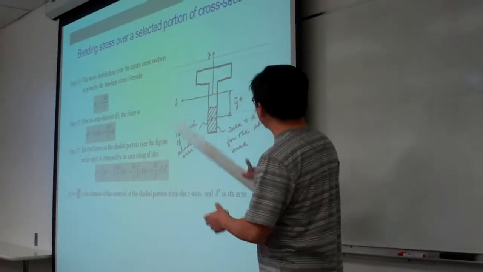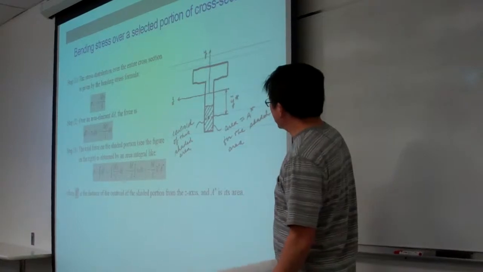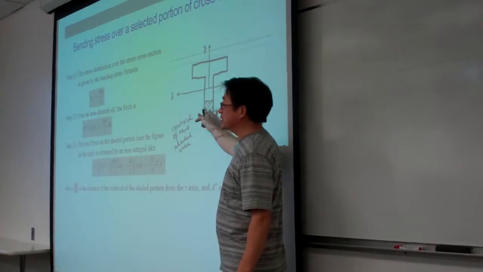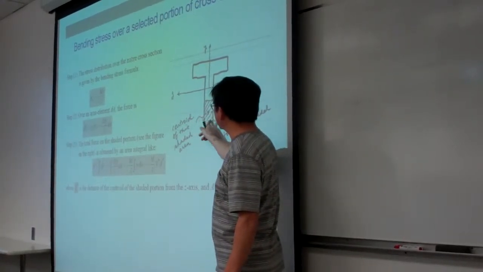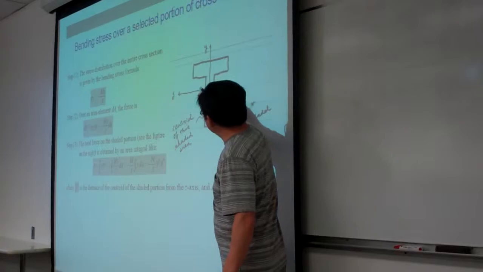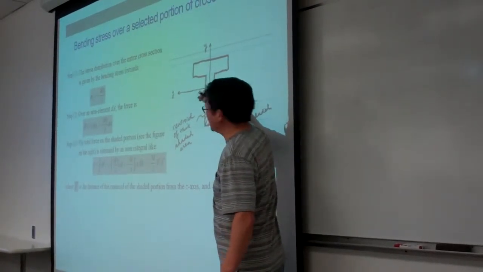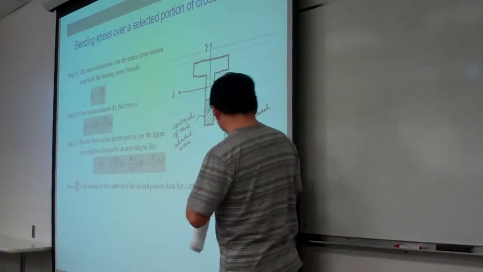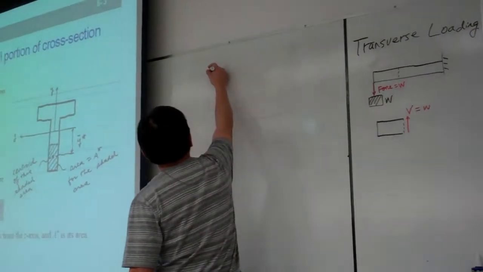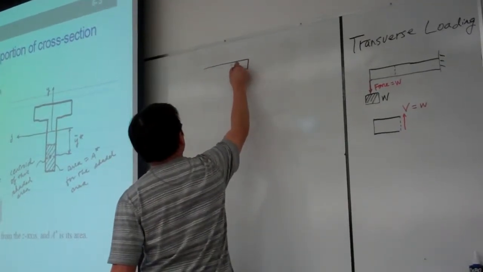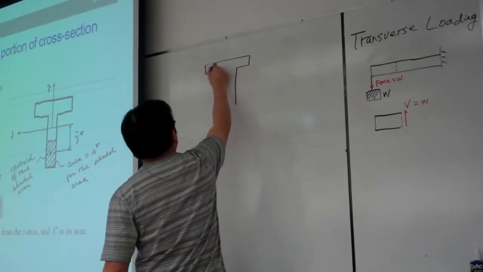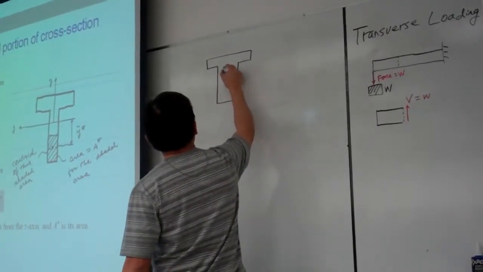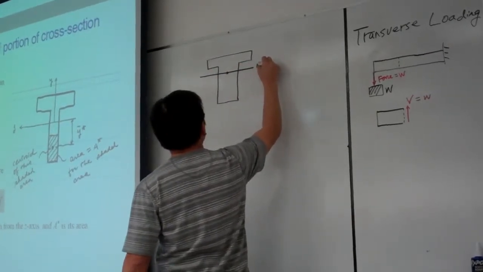For this problem, for example, I take the T shape of the cross section, and I'm asking you to integrate the bending stress over this shaded area. This shaded area, we can pick any level, any size. Say this is a T shape, and this is the centroid, and this is the neutral axis.